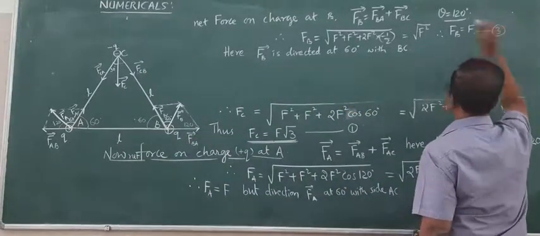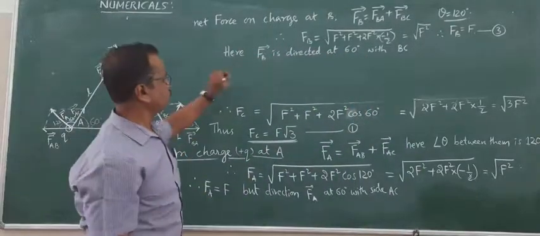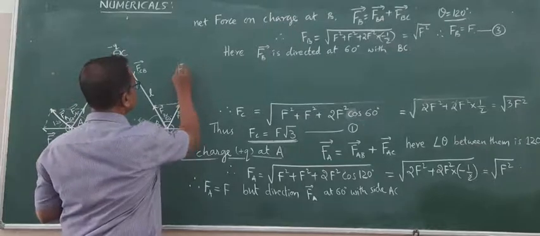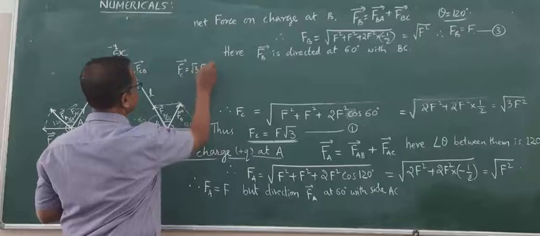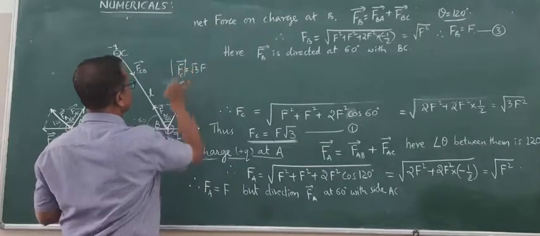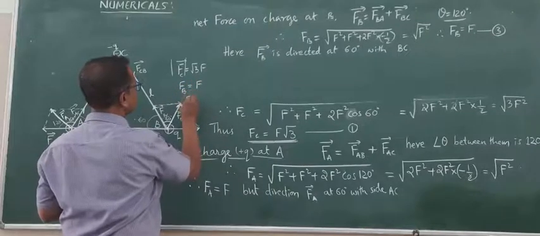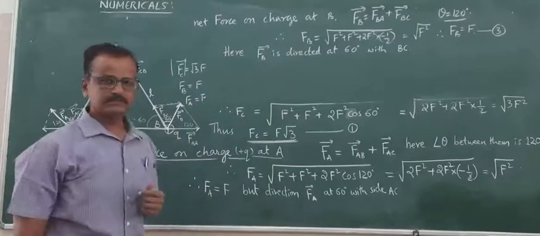This is activity 3. So we got the force on each charge. Thus, from result 1, Fc is equal to root 3 f, Fb is equal to F, and Fa is also equal to F. Right?